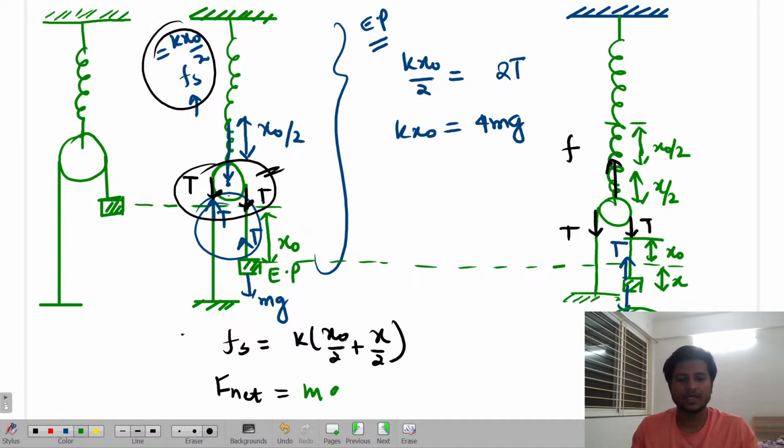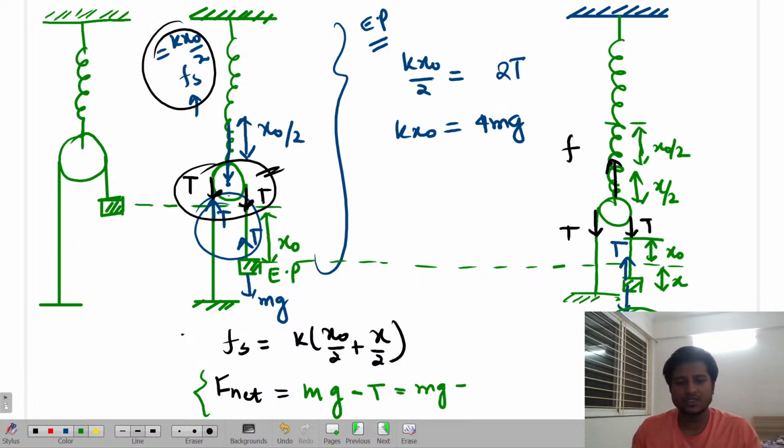So ध्यान से देखो. Can I write it as mg minus tension T for block, isn't it? ध्यान से देखो. After displacing from equilibrium point, the equation will be what? mg minus tension.